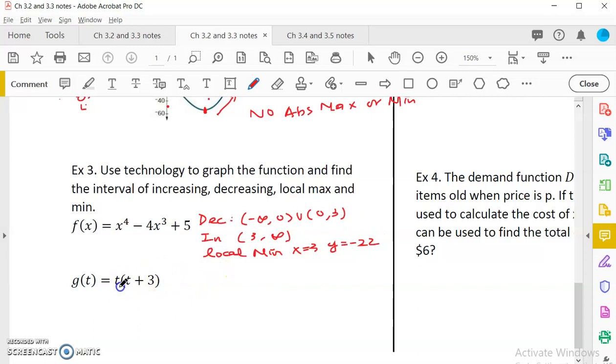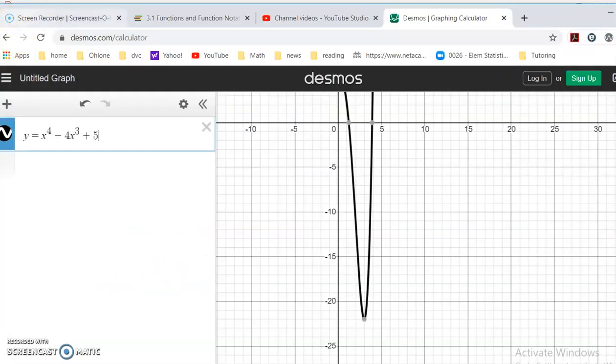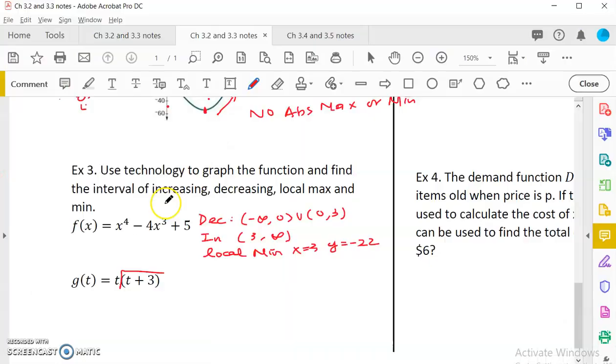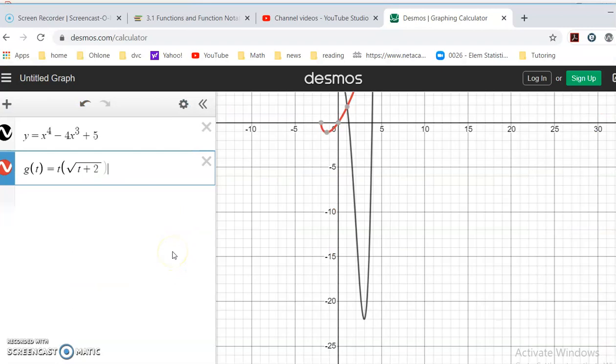What about g of t? Oh, I think this is a square root. It is not t plus 2, it is t plus 3. I forgot, a typo. Okay, g of t equal to t times the square root of t plus 3.